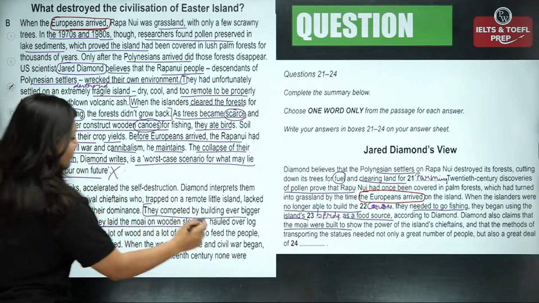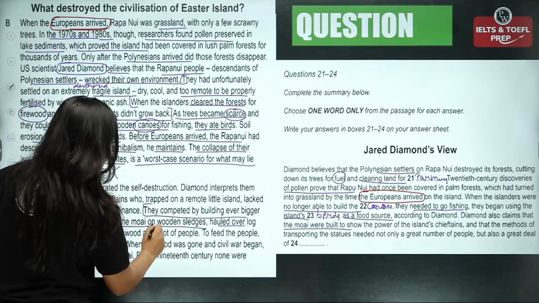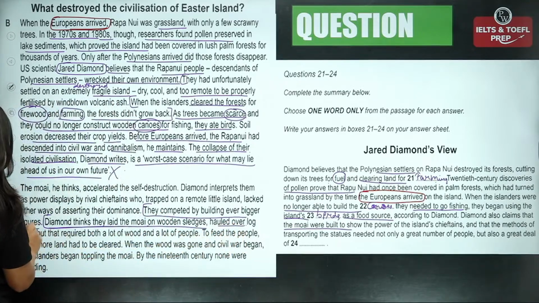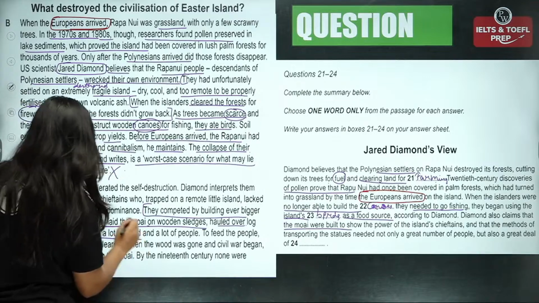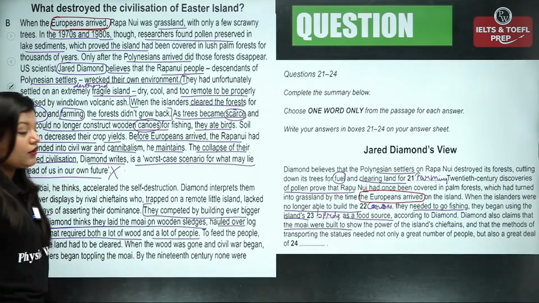Okay, hauled over log rails. So this is written over here. Wooden sledges hauled over the log rails, but that required both a lot of wood and a lot of people. Here is your response.